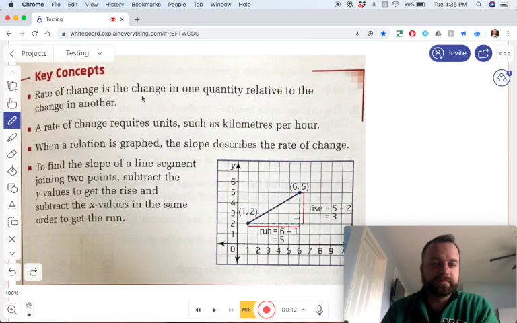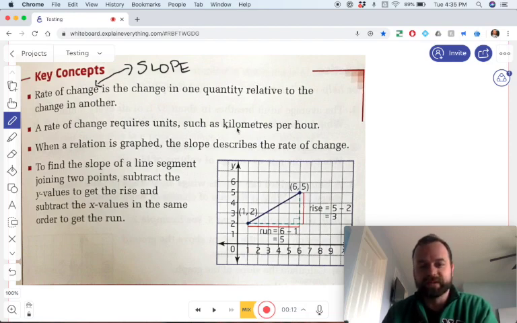Just to summarize, when we're talking about slope, we're talking about rate of change as well. Slope and rate of change are two words that can be used almost interchangeably. When we're talking about rate of change, we need to include units. So the other day when we were doing distance time graphs, we were mostly working with kilometers per hour.